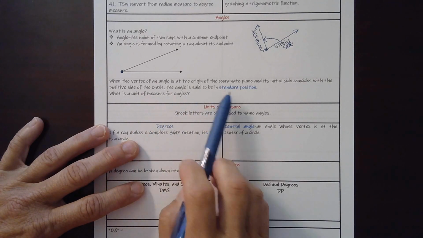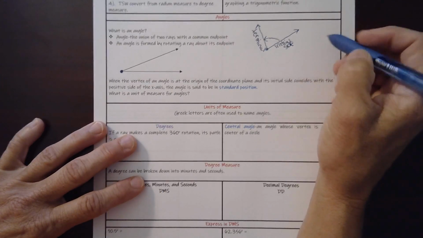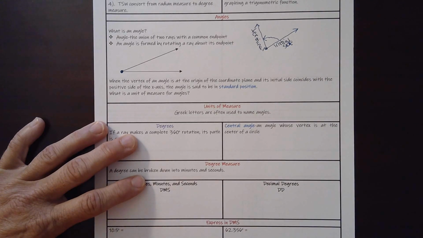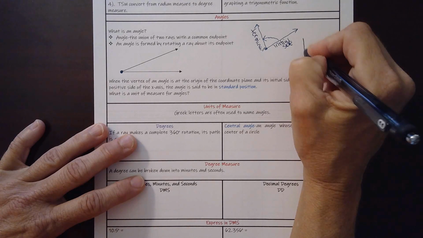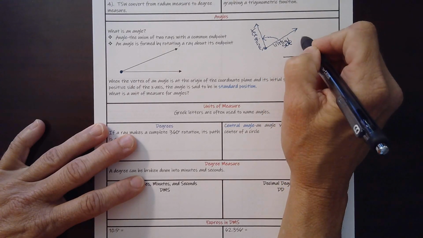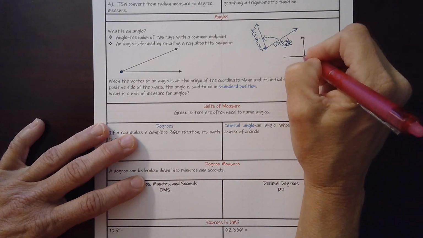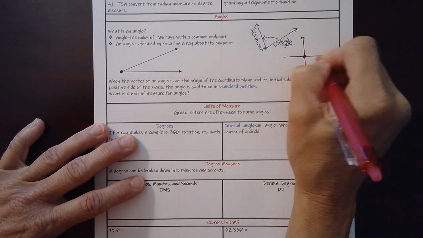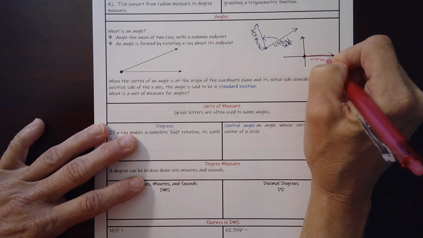So this is talking about standard position. Standard position is when you have an angle whose vertex is at the origin. So here is the initial side of an angle.